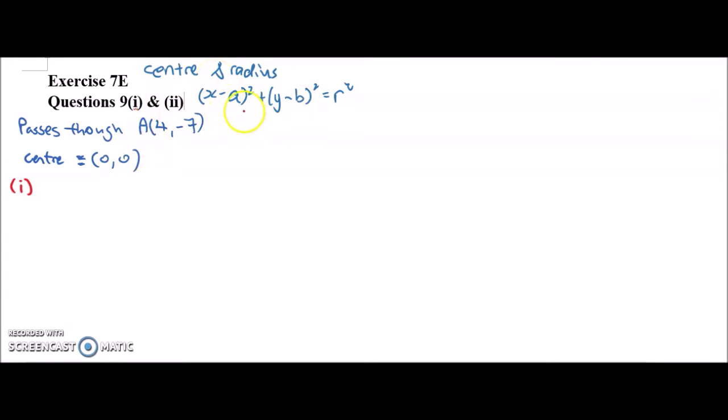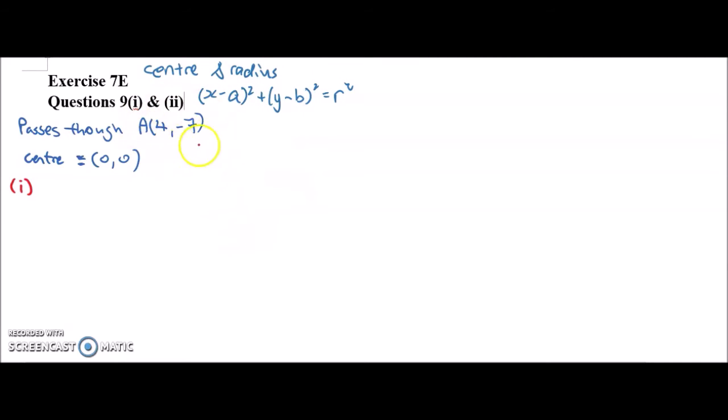In the general equation of a circle, a and b are related to the center of the circle. So if we have 0 and 0, we can fill in 0 and 0 for a and b. Do we have enough info to get r of the circle? We know the center, and as mentioned in class before, the equation of the circle describes the circumference of a circle.